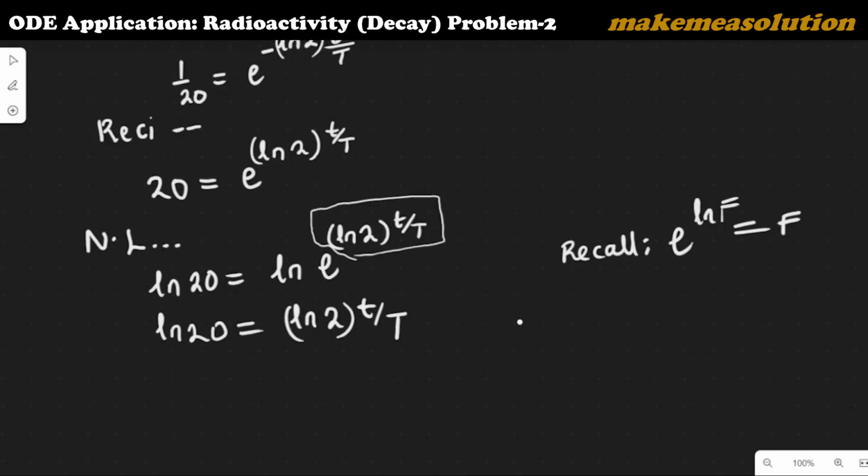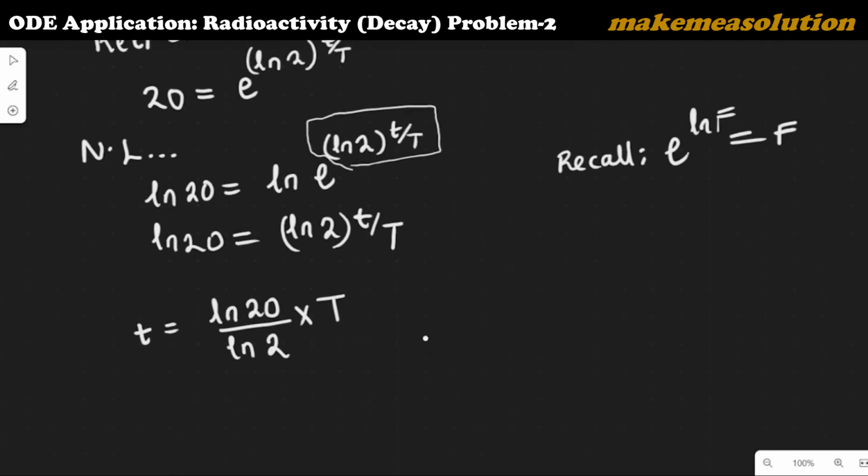Making small letter t the subject of the formula, you're going to get small letter t is equal to ln 20 divided by ln 2 times T, like this. And if you evaluate ln 20 divided by ln 2, are we together?